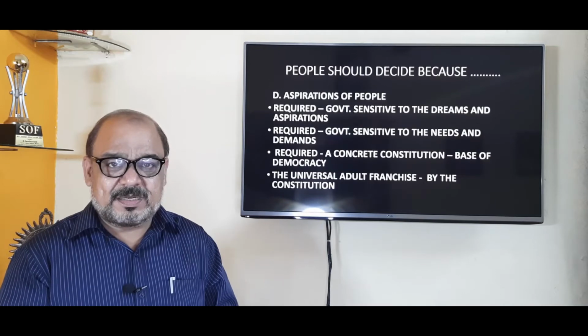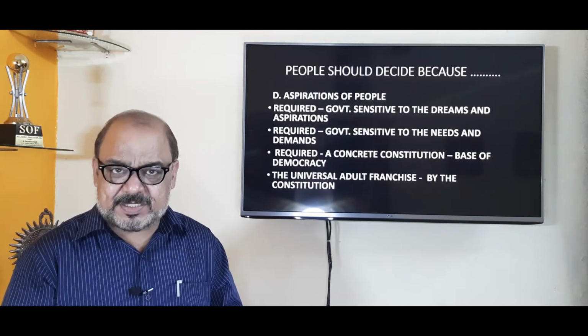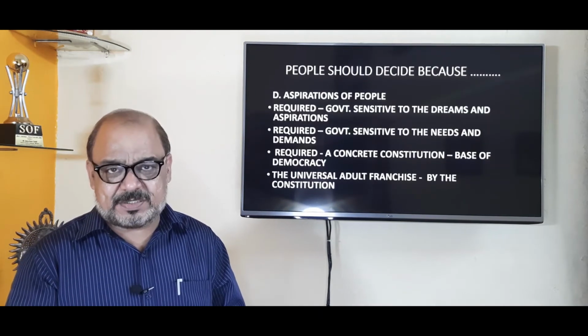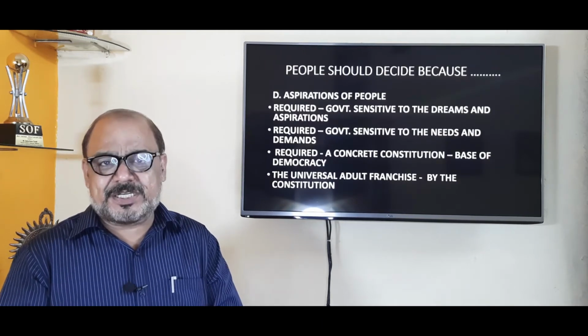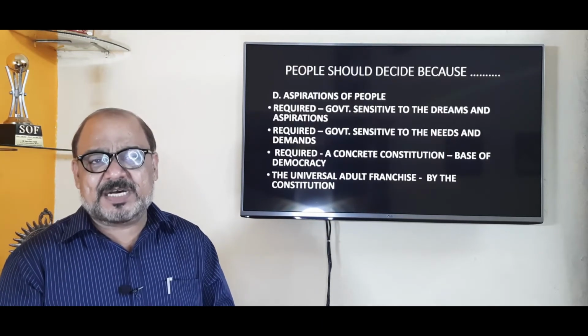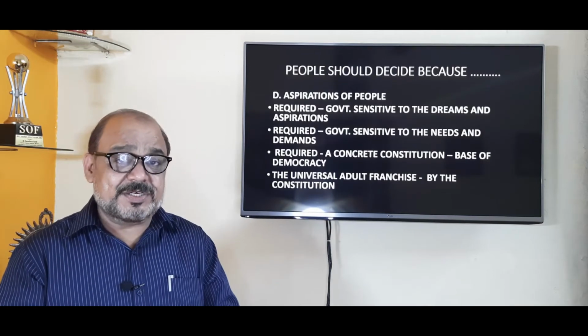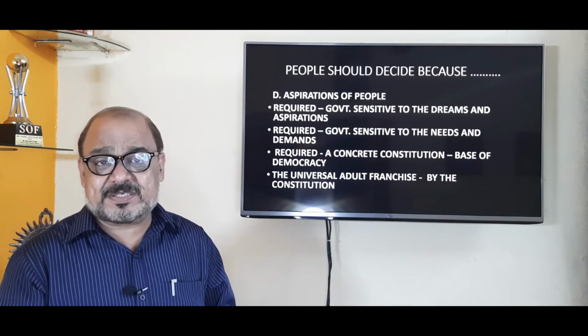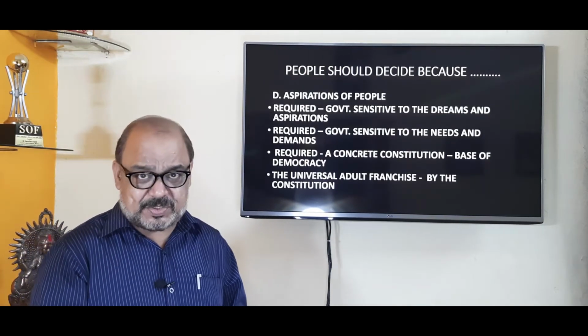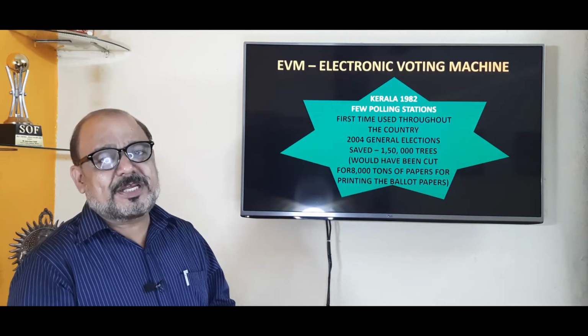Earlier, it was 21 years, now it is 18 years. From 21 years to 18 years, it was made in 1989 by the 61st Amendment, and it was exercised first in 1980 elections.